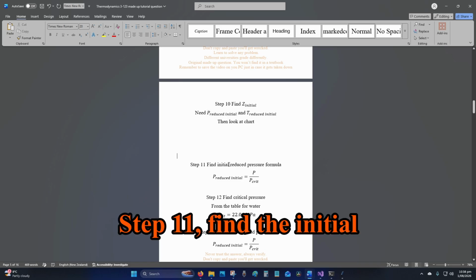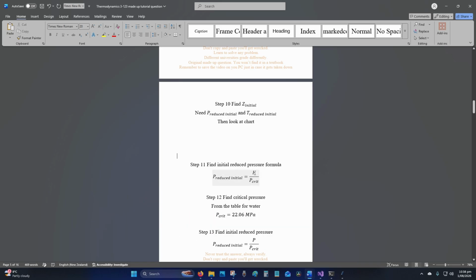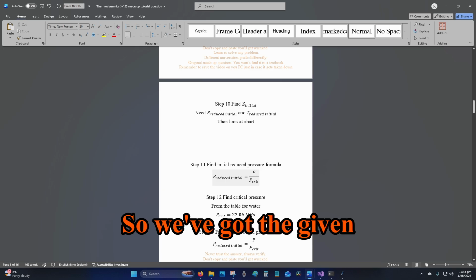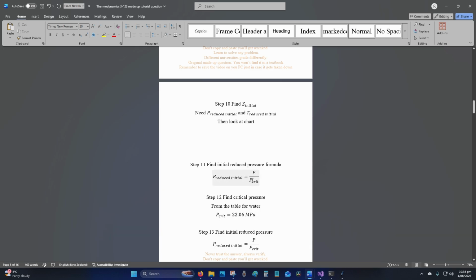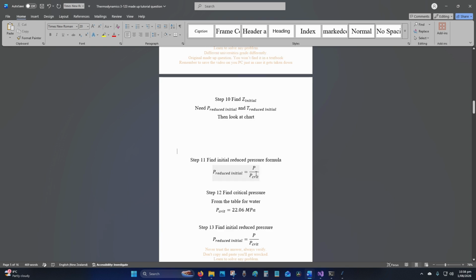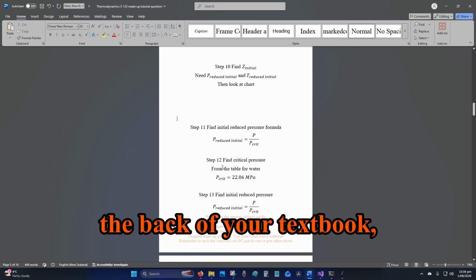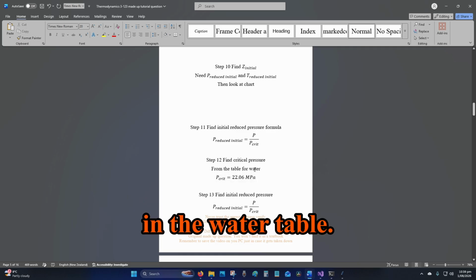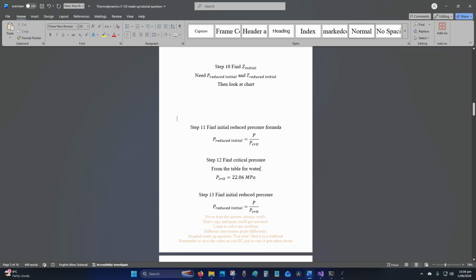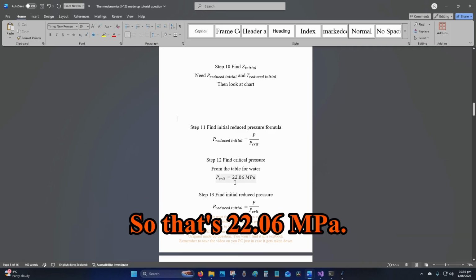Step 11, find the initial reduced pressure formula. We've got the given pressure, just regular P, divided by the critical pressure, P crit. Step 12, find the critical pressure. You can find this at the back of your textbook in the water table, or you can just Google search this. That's 22.06 MPa.